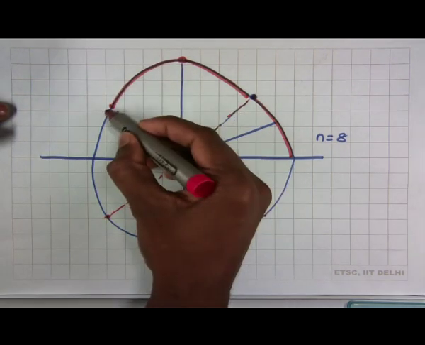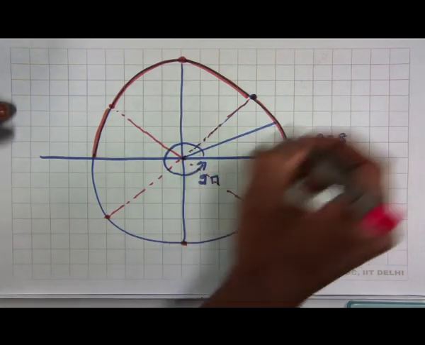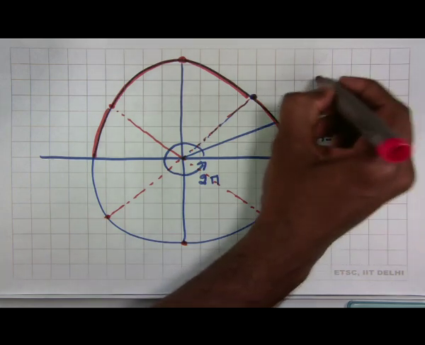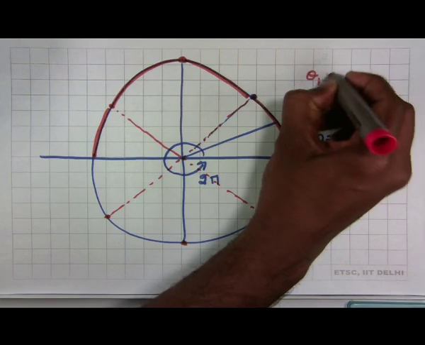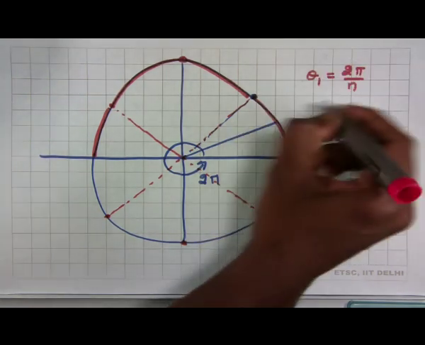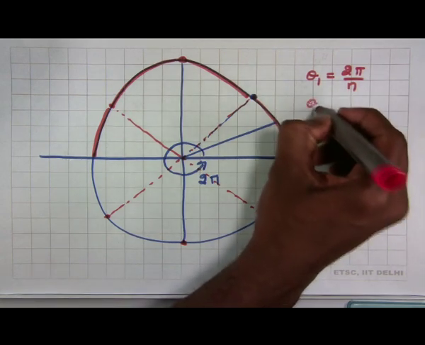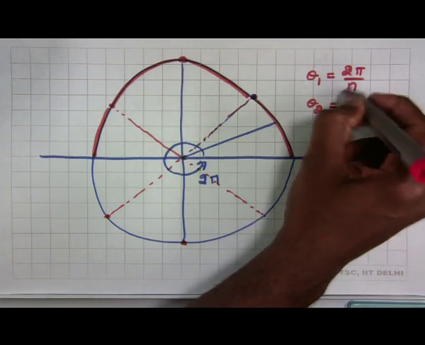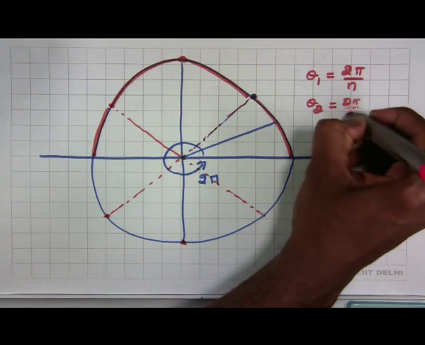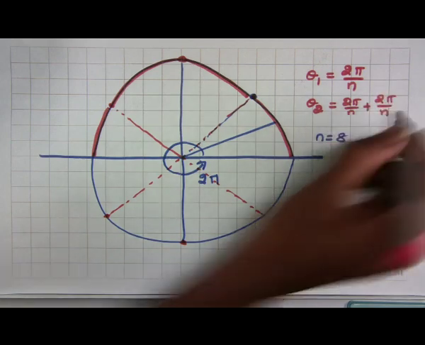Okay. For each division, because each time the angle is 2 pi by n. So when I write theta 1, which is 2 pi by n, and the next angle, theta 2, you are going to add this term, that is 2 pi by n plus 2 pi by n, which means the equal angle we are going to add.